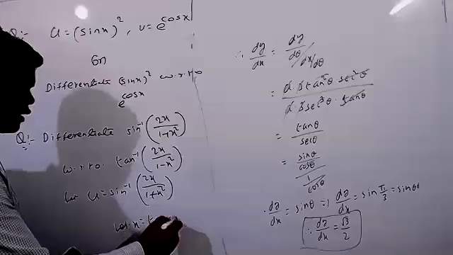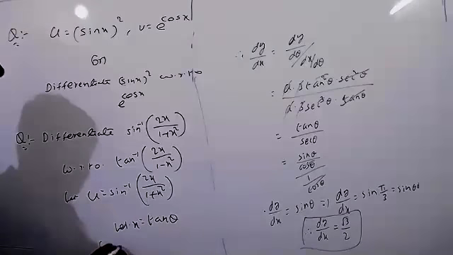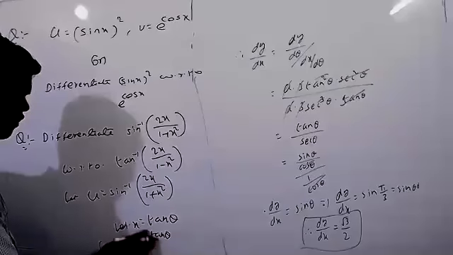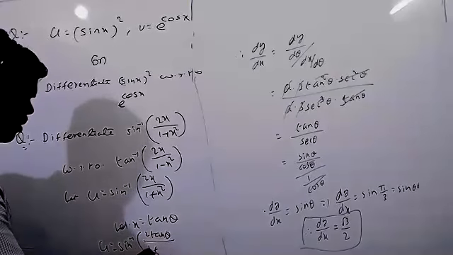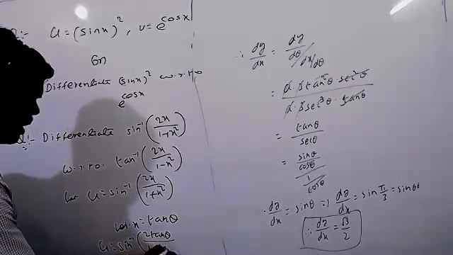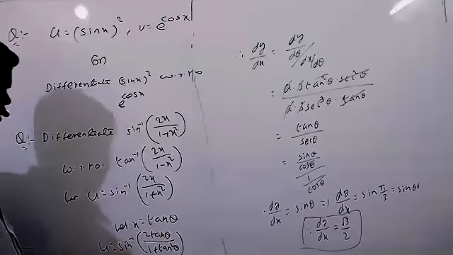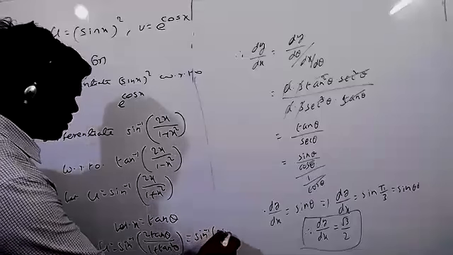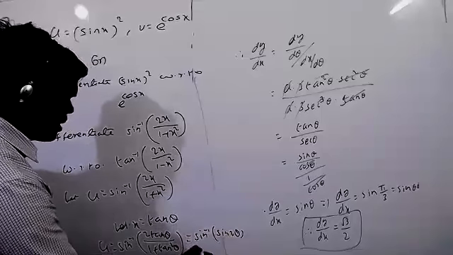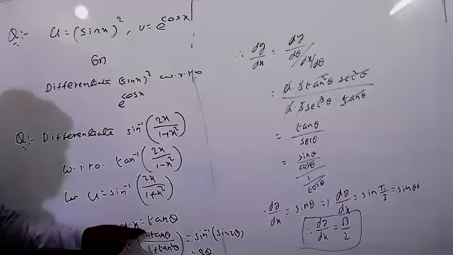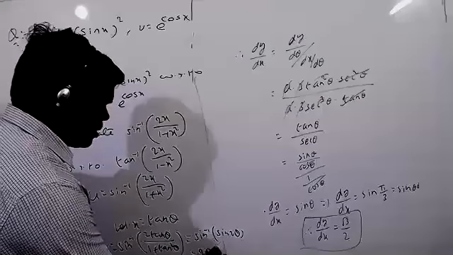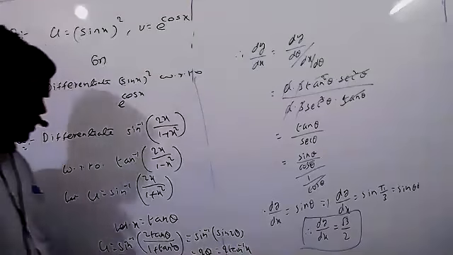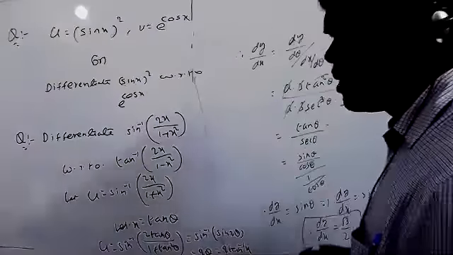Take tan theta here. So u equal to sin inverse of 2 tan theta by 1 plus tan square theta. So it is equal to sin inverse of sin 2 theta. So sin inverse will be cancelled. It is equal to 2 theta. But the value of theta equals how much? Tan inverse x. So the value of u equals 2 tan inverse of x.